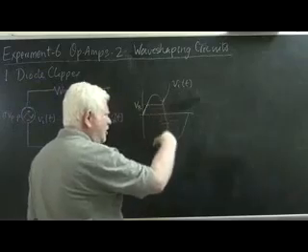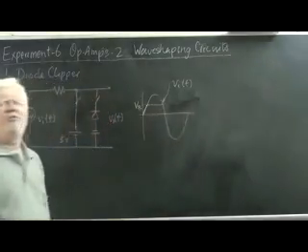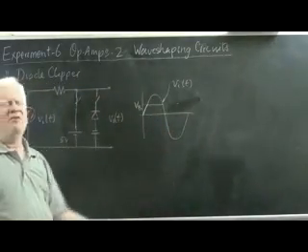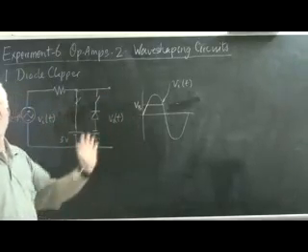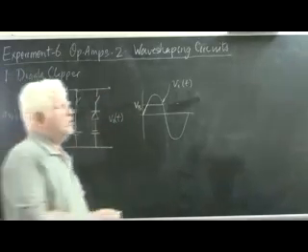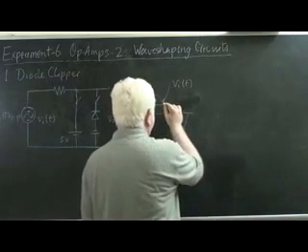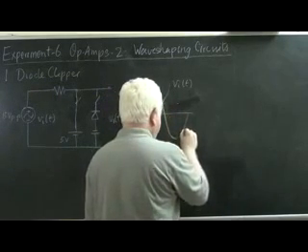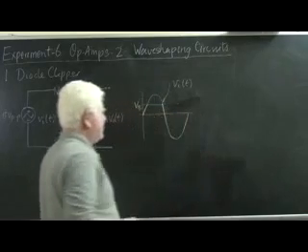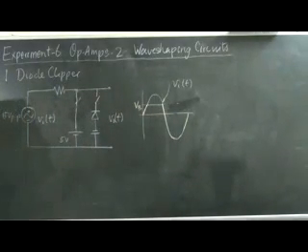So for all these rest of the time instants, where the input voltage is less than VB, all we get at the output is a copy of the input. So we will get this. This then is the upper side diode clipper.